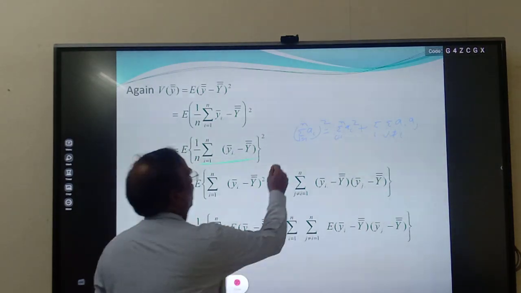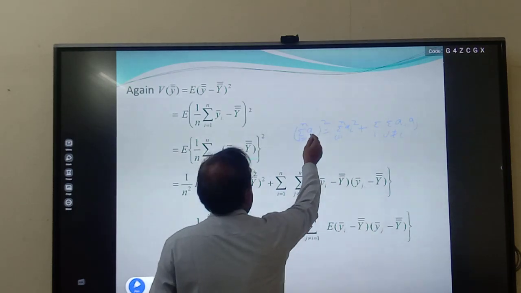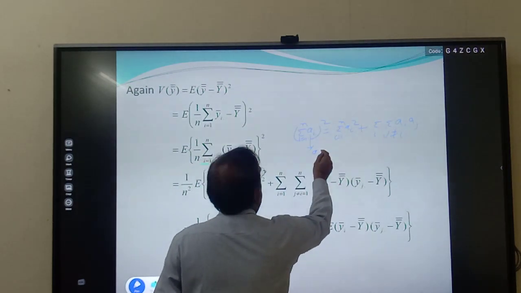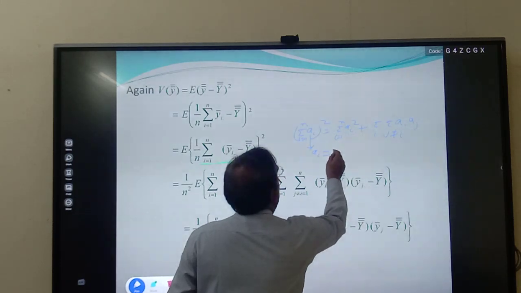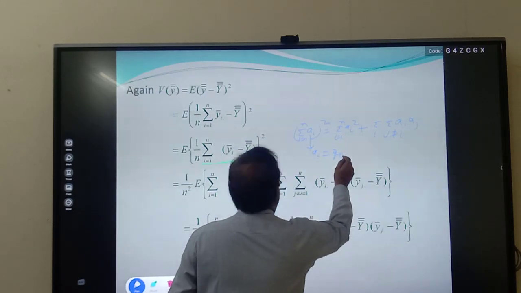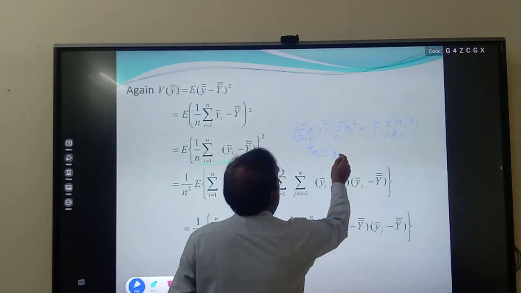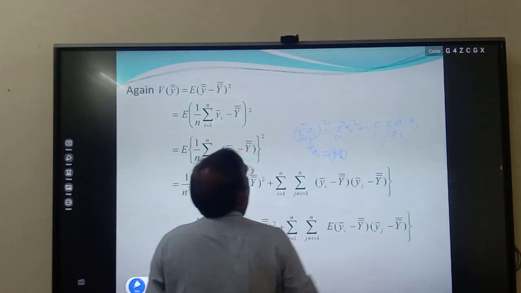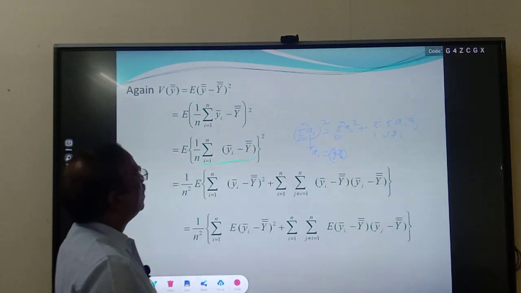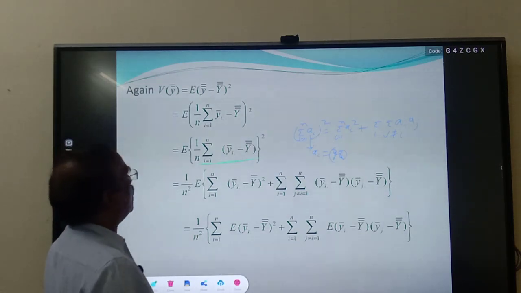So we write this by putting ai equal to yi dot bar minus capital Y double bar. Here ai is equal to small yi dot bar minus Y double bar.